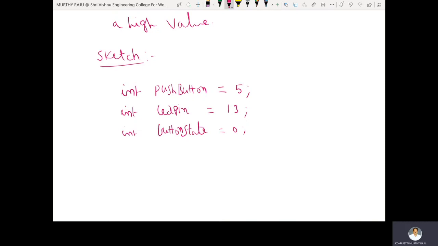By using these initializations, we have to configure these pins in void setup.